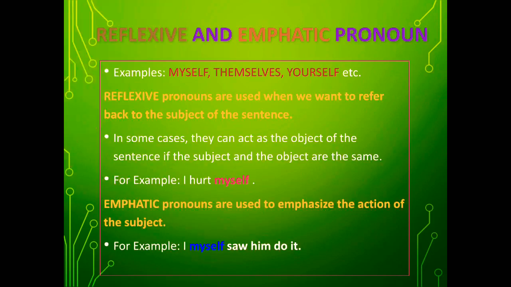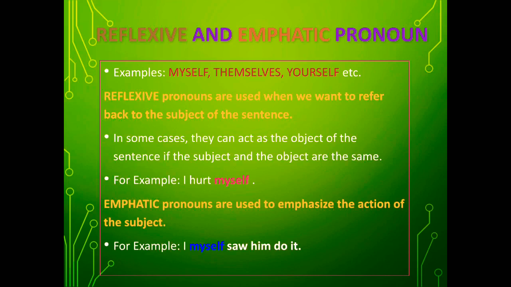Next, reflexive and emphatic pronoun. Examples, myself, themselves, yourself, etc. Reflexive pronouns are used when we want to refer back to the subject of the sentence. In some cases, they can act as the object of the sentence if the subject and the object are the same.